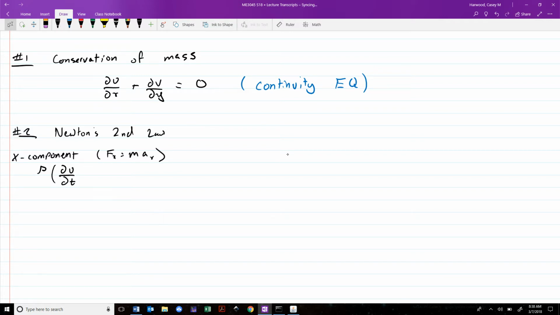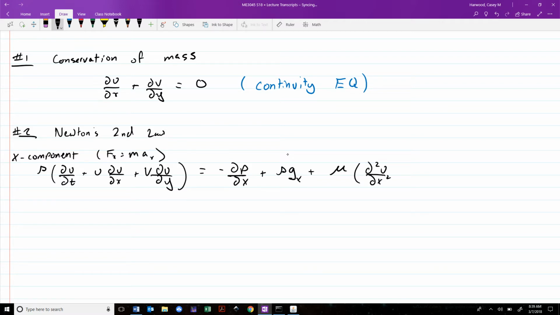Rho times (du/dt plus u du/dx plus v du/dy) equals negative dp/dx plus rho gx plus mu times (d squared u/dx squared plus d squared u/dy squared).